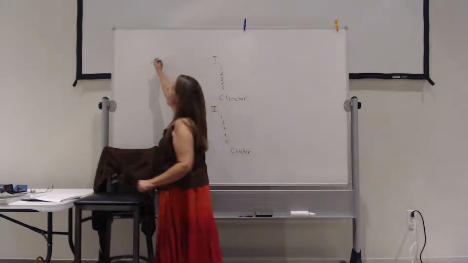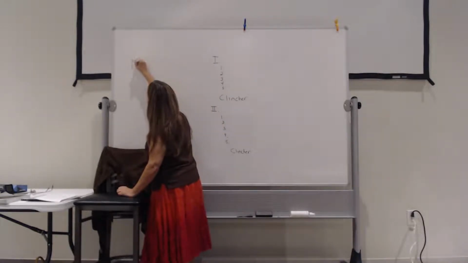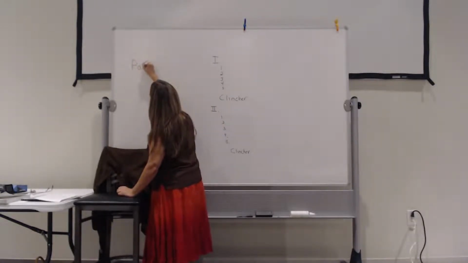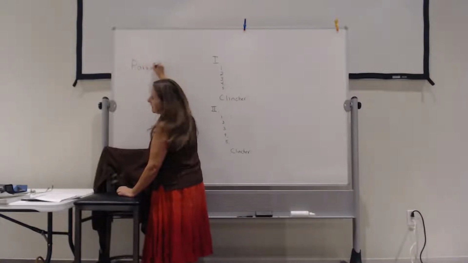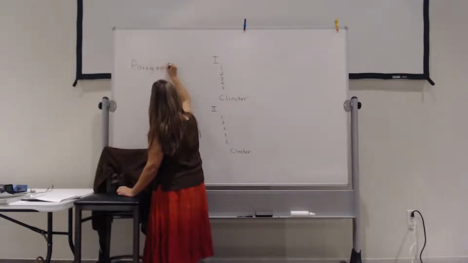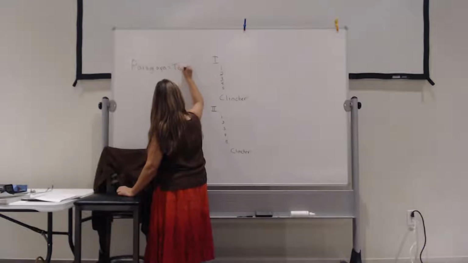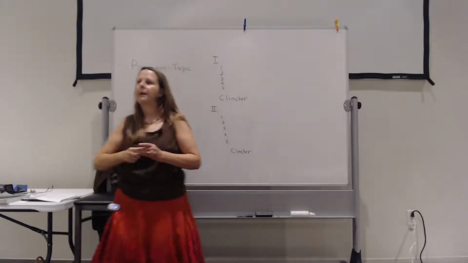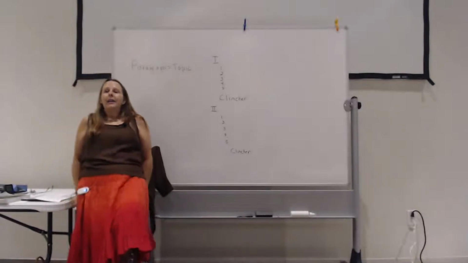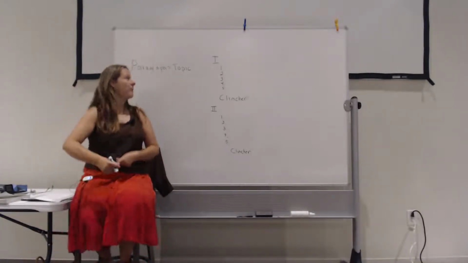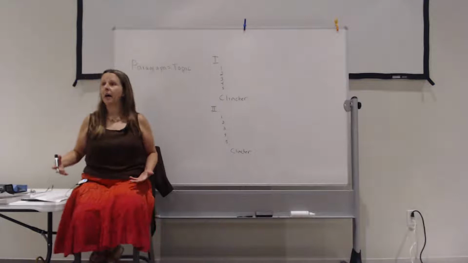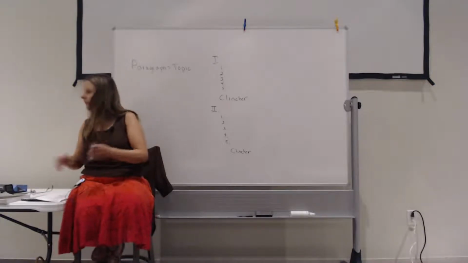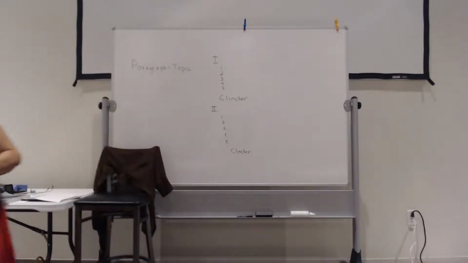Remember that a paragraph equals a topic. When I choose a topic for a paragraph, I know that all the sentences in that paragraph are going to talk about that topic. And the great thing about these pages is they give you topics, don't they?